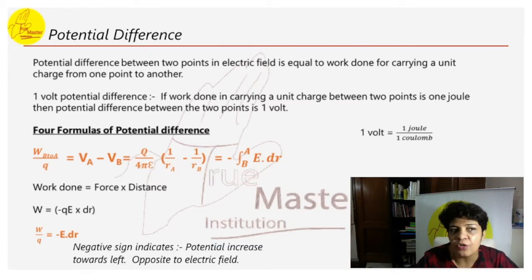The SI unit of potential difference is the volt, and one volt is 1 joule per 1 coulomb. This is the master formula that you must note down, along with the four formulas for the potential difference. Each of them will give you a potential difference, and slowly we will derive all of them.